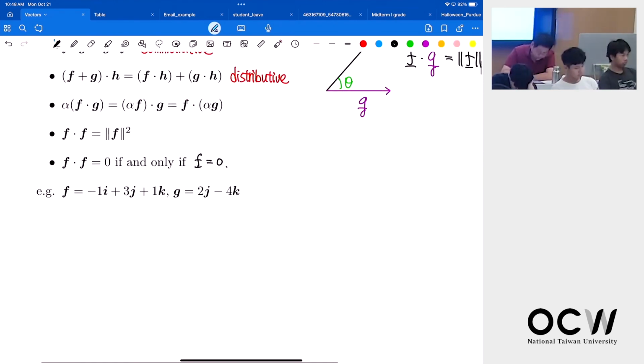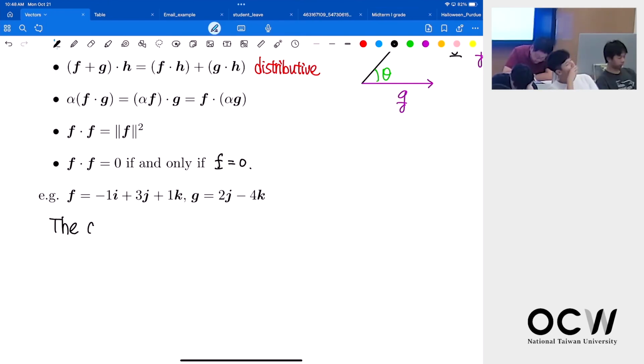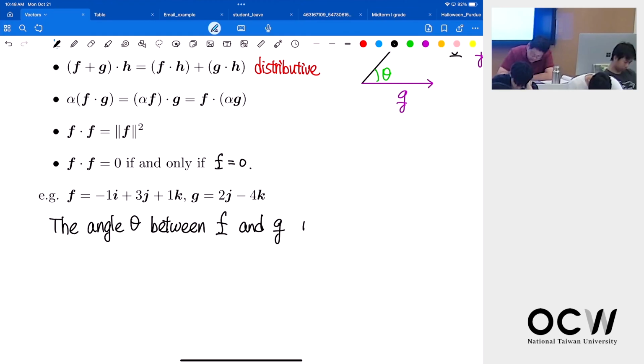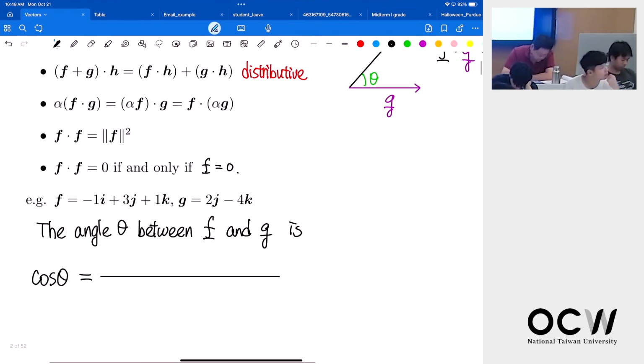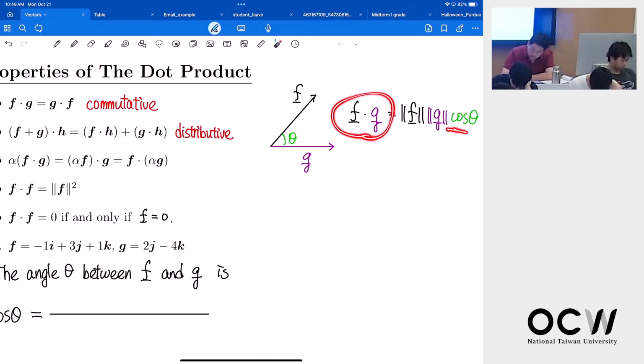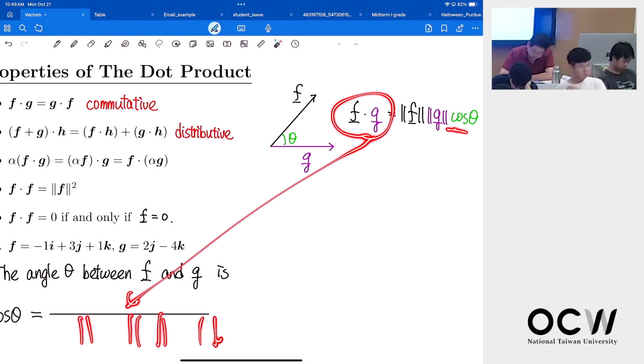So the angle theta between the vector f and the vector g, that will be cosine theta equal to the inner product, or the dot product, divided by the product of the norms.